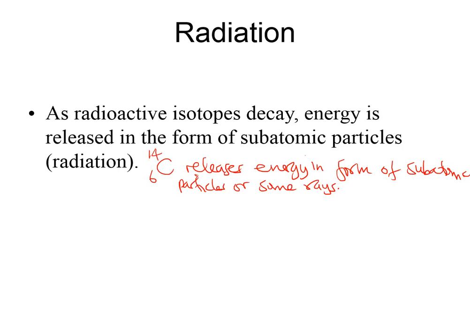So when you talk about what a radioactive material is, a radioactive material is the one that releases energy from the nucleus. So that's what happens. It releases energy from the nucleus.